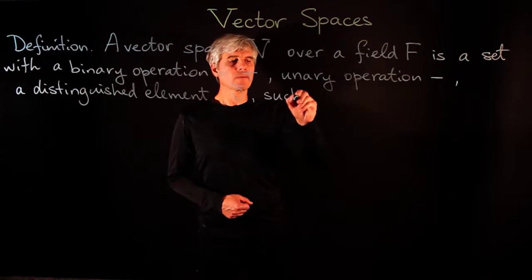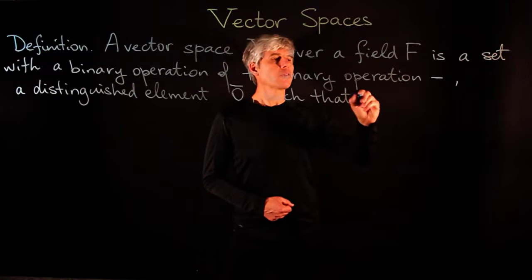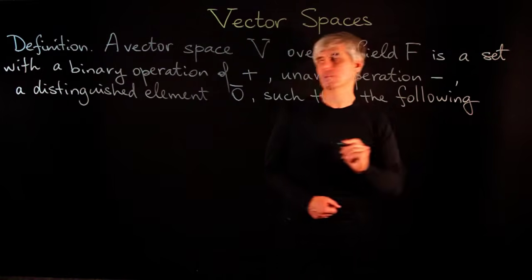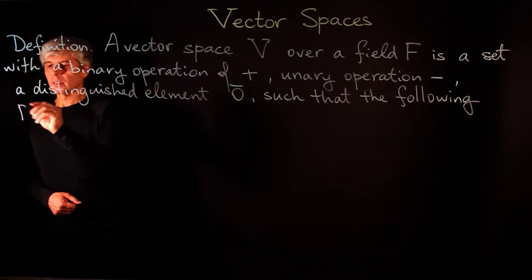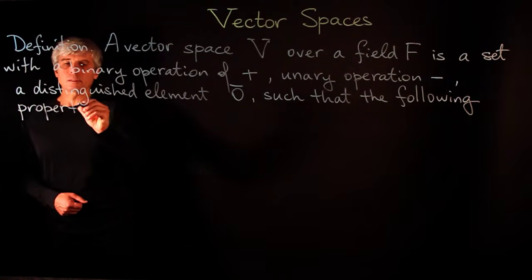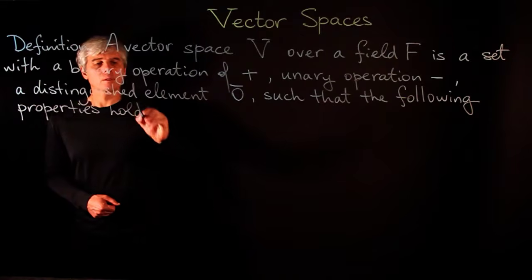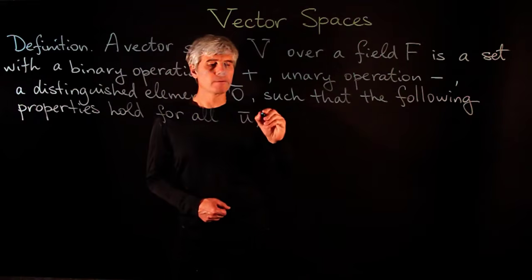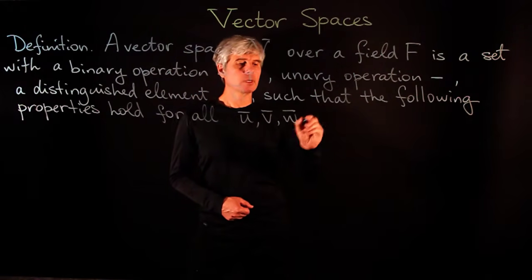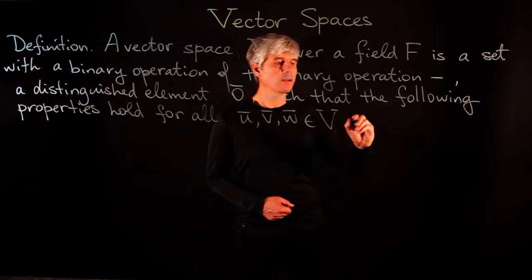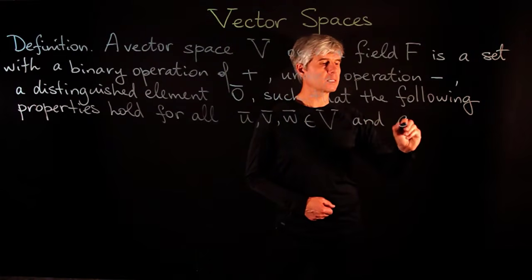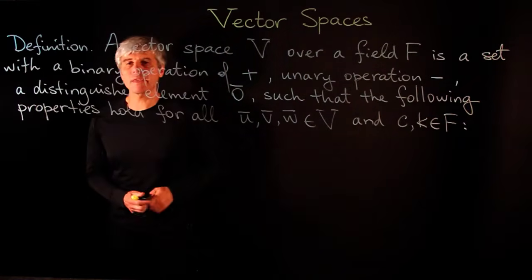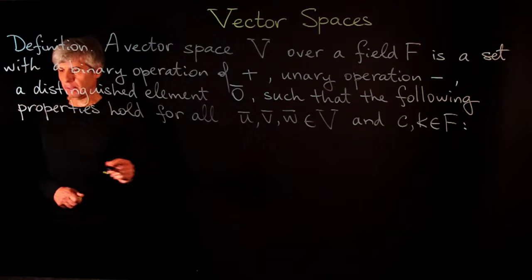such that the following properties hold for all u, v, w in the vector space V, and all c and k in the field F. And so here are the axioms of a vector space.